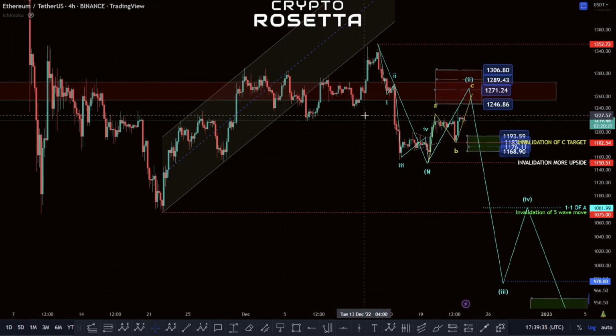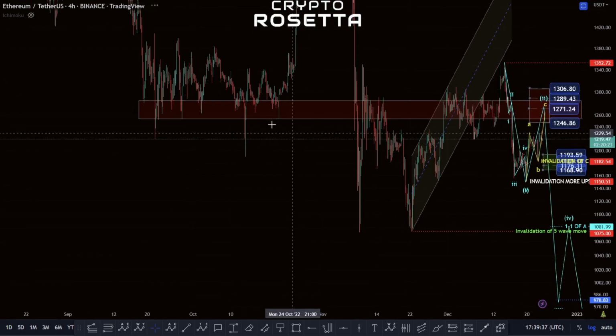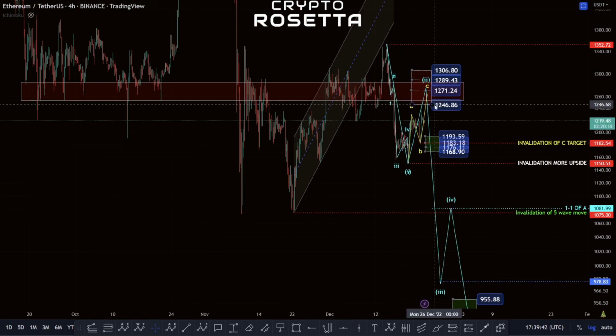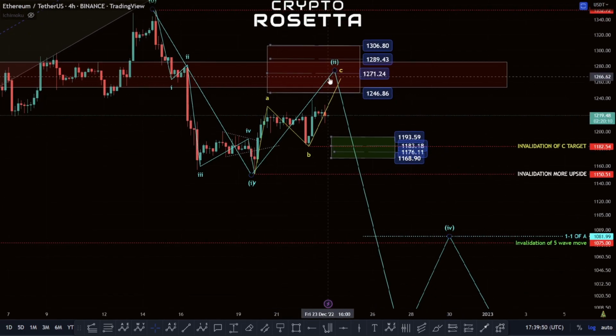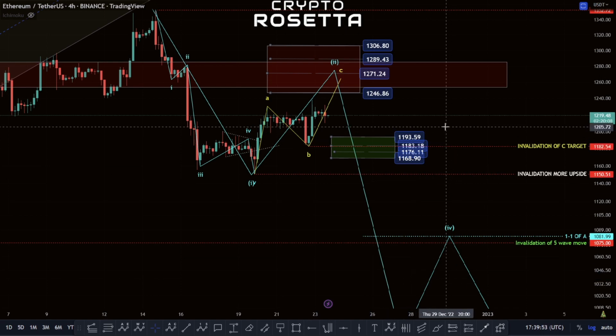We can also see that there's some consolidation that's happened in this zone, and we have had this as a previous support zone. So it is possible that we could look to retest this zone, though technically we have already retested the lower areas of this, but it is possible we could still look to push up a little bit higher before looking for that continuation to the downside.